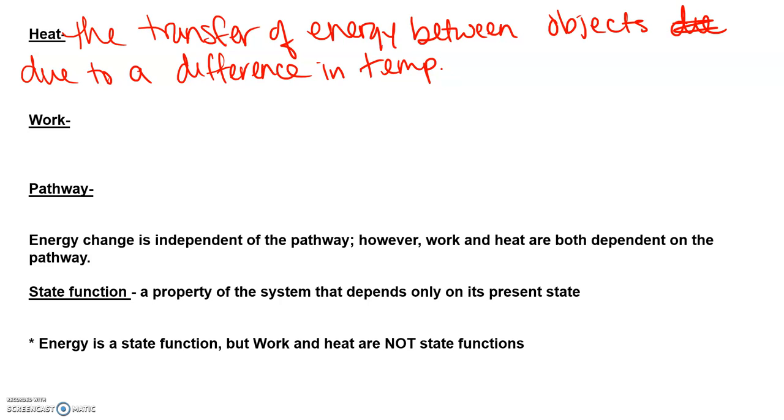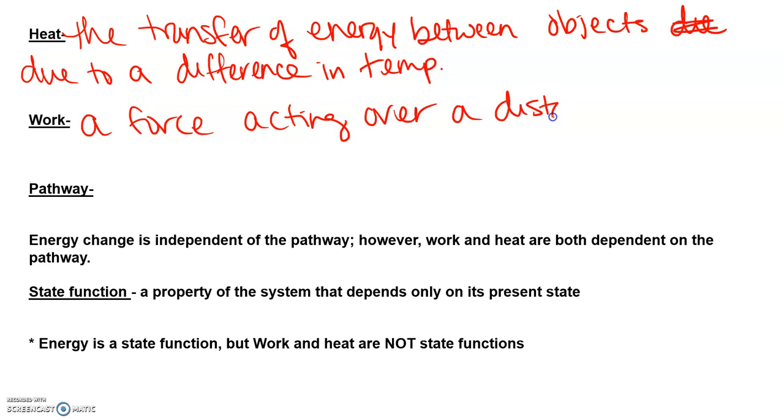Work, on the other hand, is a force acting over a distance. And the important part of this definition is this last part, over a distance. And so in order for work to happen, the object has to move. It's got to be going from one distance to another. If the position of the object isn't changing, then we say that no work is being done.